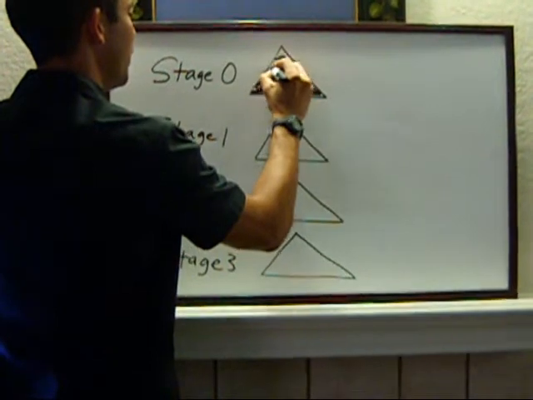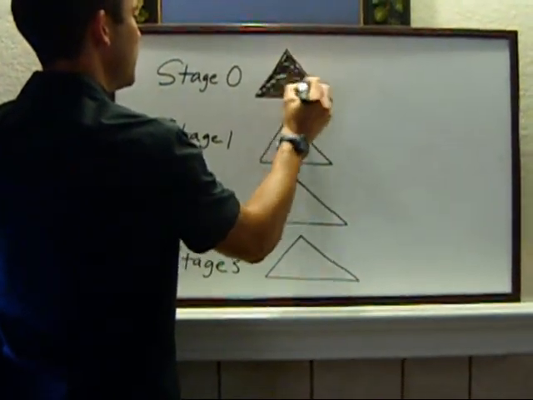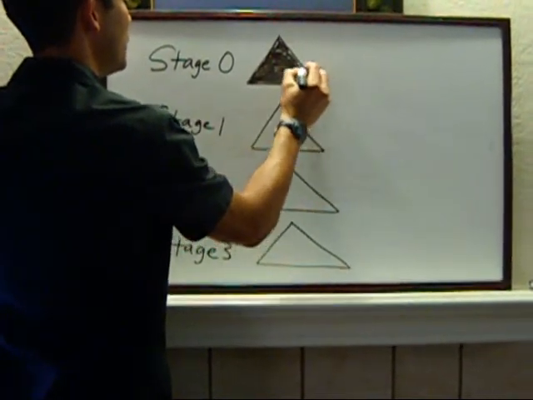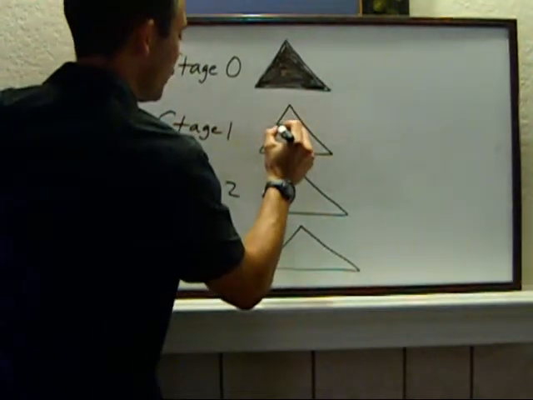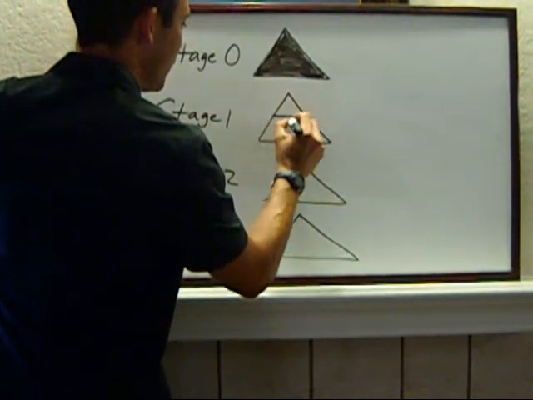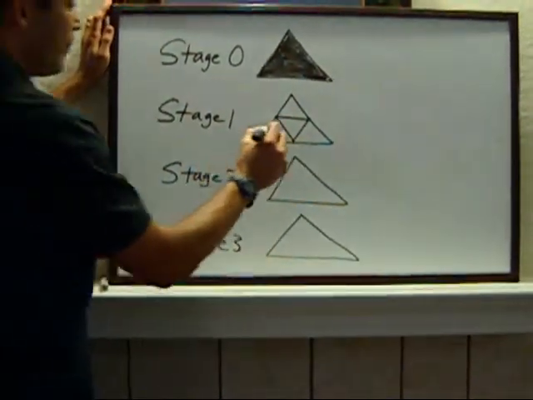I'm going to fill this in once again the best I can. Much easier with a smaller triangle here. Okay. Second triangle, we're going to do one iteration right here. So, let's go like this. Right?